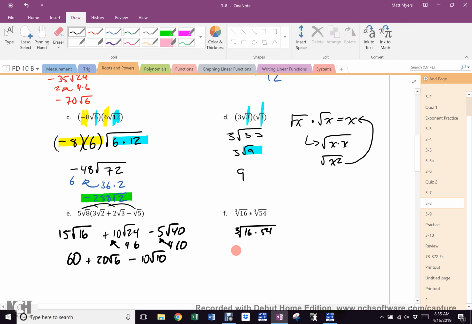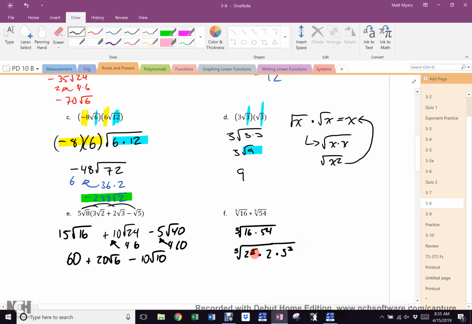And isn't that the cube root of 2 to the 5th, right? Times 2 times 3 to the third. Isn't it? 2 times 3 to the third is 54, yeah?